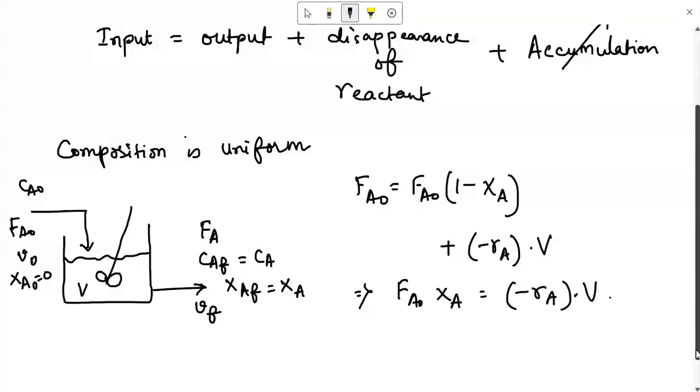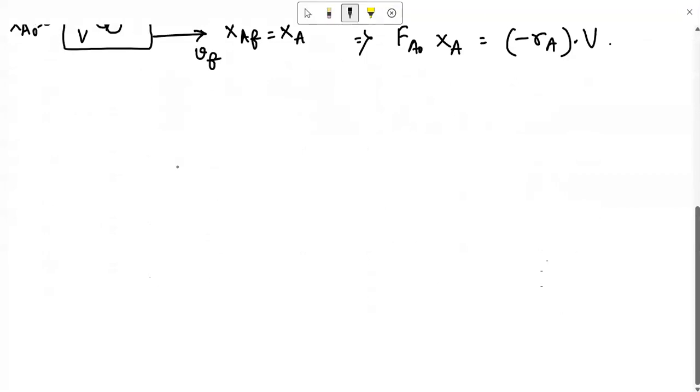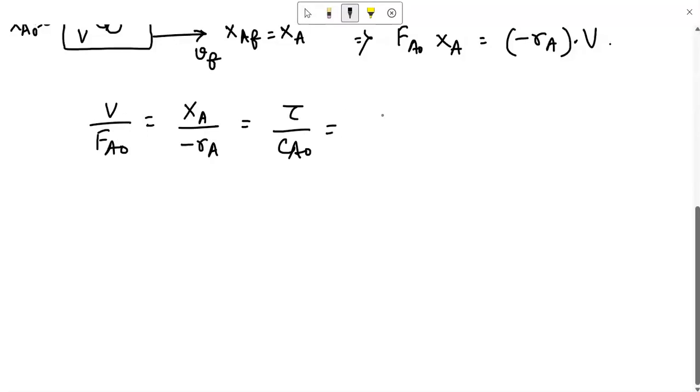Okay. Now if you rearrange this, then you can write V by Fa0 equals Xa by minus Ra, and this V by Fa0 can be written as tau by Ca0. Tau, if you remember, is the space time, and this again can be written as Xa divided by minus Ra.